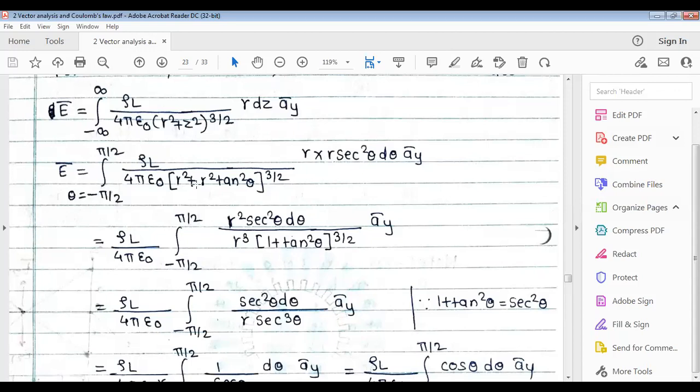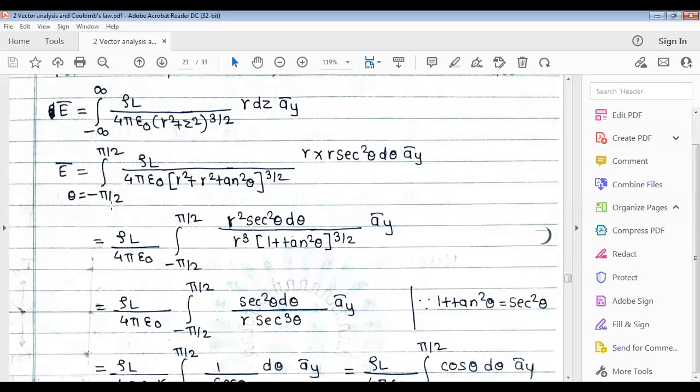So, it is r square into bracket 1 plus tan square theta raised to 3 by 2. Then this r square is taken common here, right?